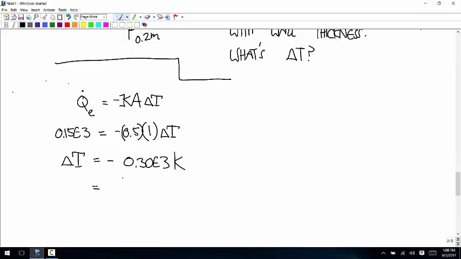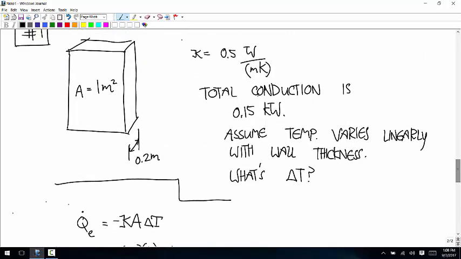So 300 degrees. We never had to use that linear variation, but that's all you have to do in that one.